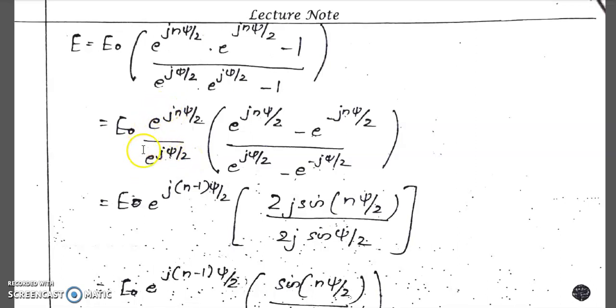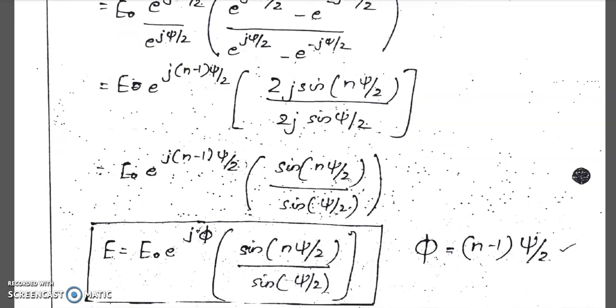And we can rearrange this equation like this: e raised to j n minus 1 psi by 2. And within the bracket, the numerator can be represented as 2j sine n psi by 2, and the denominator as 2j sine psi by 2.